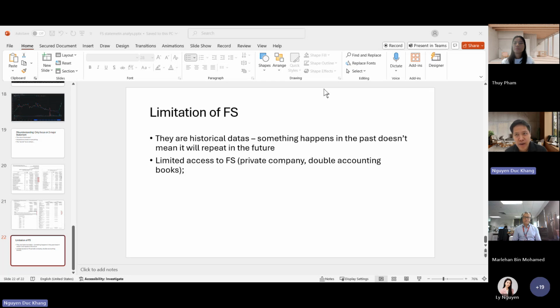Like a retail company with 1,000 billion revenue is much different from Mobile World, which has several thousand billion revenue. So the difference in size also limits the sample. I would be happy to have maybe five sample companies, but the five should fit the company I want to compare.